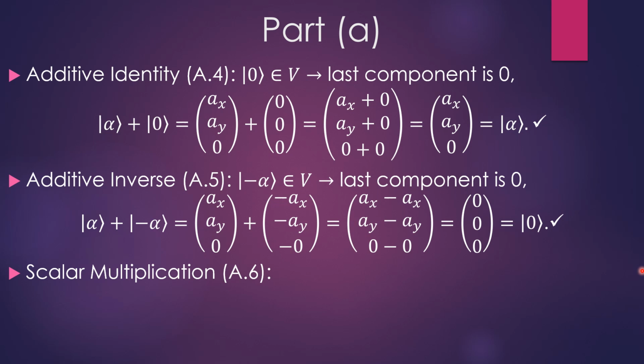This is because whenever I'm multiplying scalars to a vector, this operation essentially just stretches or rotates the vector. So a negative sign flips it 180 degrees. If I multiply it by a positive number that's greater than 1, I stretch it. If I multiply it by a number less than 1, then I shrink it. So what we have to make sure is that the result actually lives in the space too.